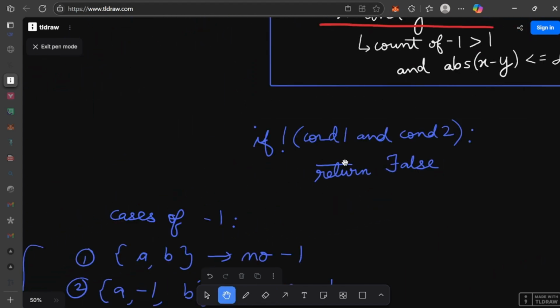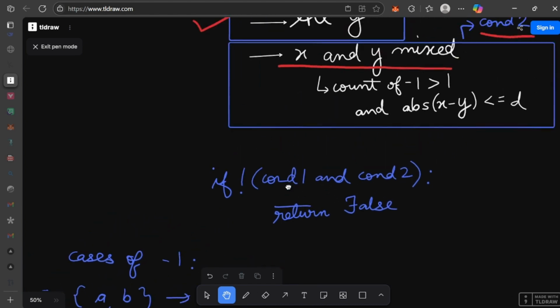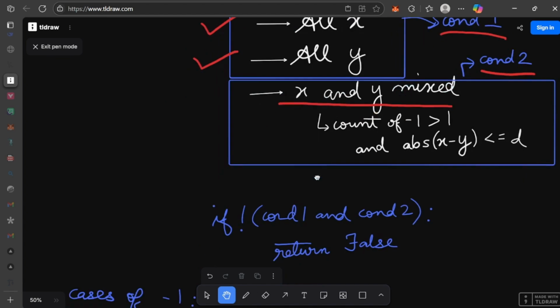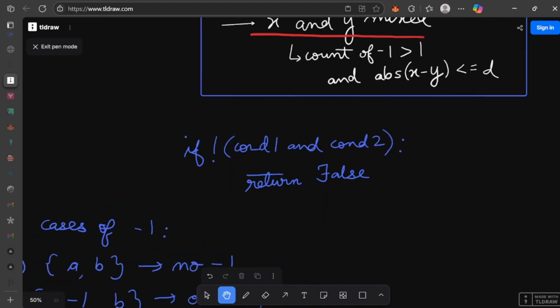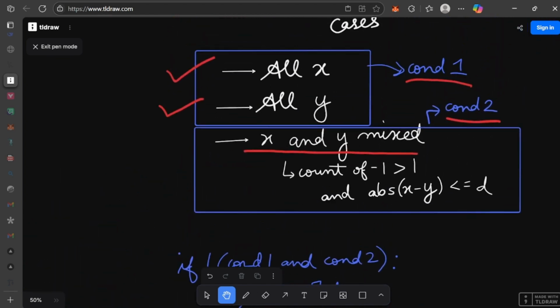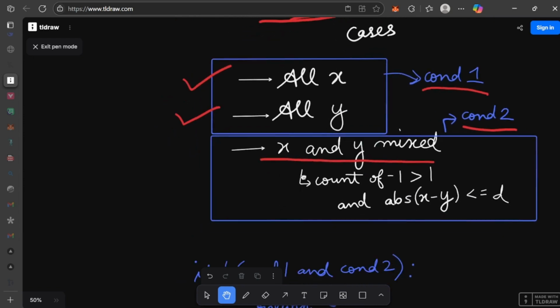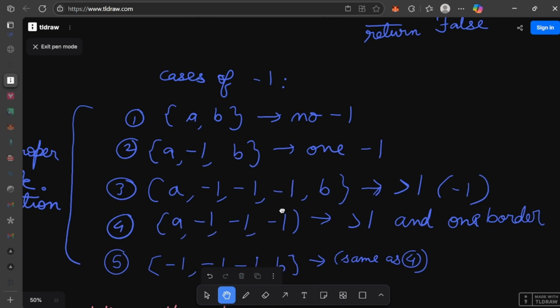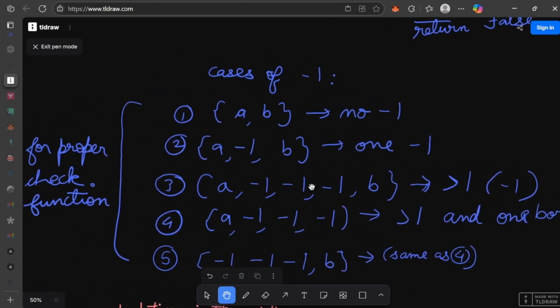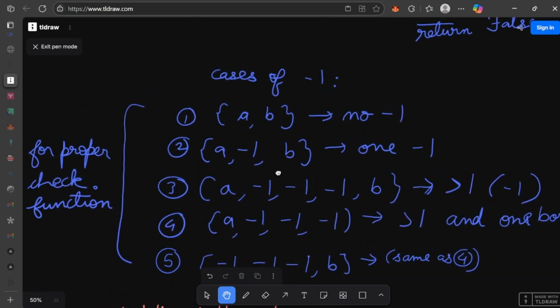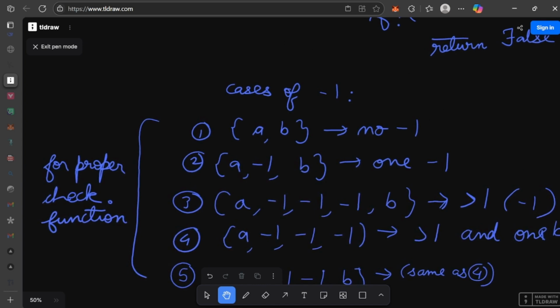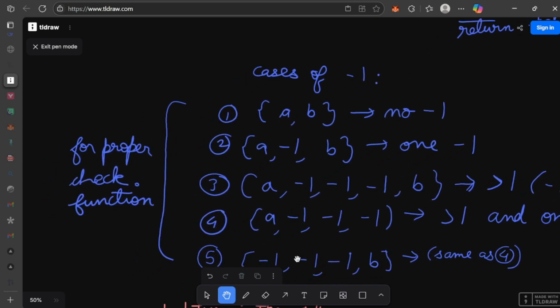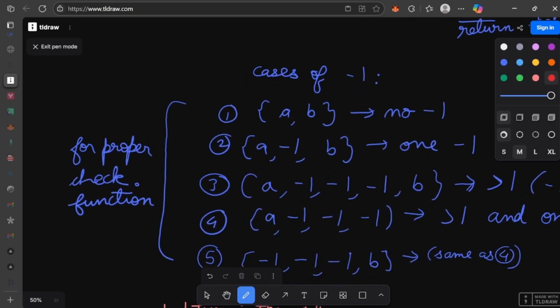See, if both the conditions are false, return false. And if either one of these conditions is satisfied, we got a possible answer. So return true. It would think of a smaller absolute difference value from the LR range to check again using the check function if that is feasible.